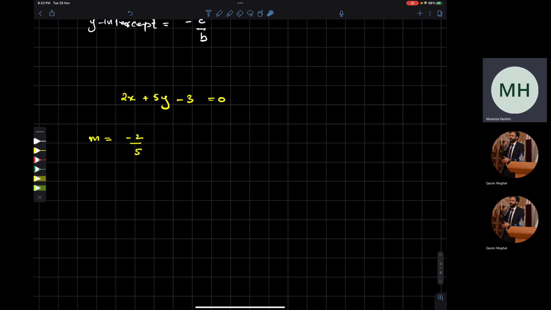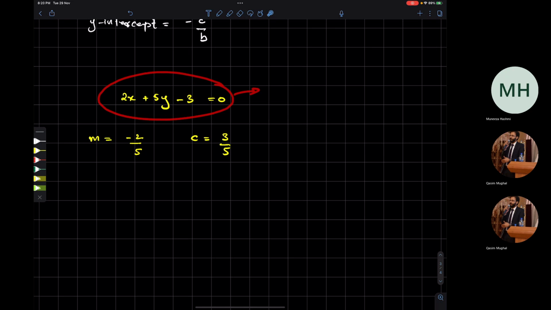Okay? Yes, sir. And if you want to know the y-intercept, that is going to be minus c over b, so that's going to be minus negative of this one, so that would be plus 3 over b, which is 5. So that's the y-intercept. And you can just verify this if you apply algebraic manipulation and bring this into the standard form and make y the subject of the equation.